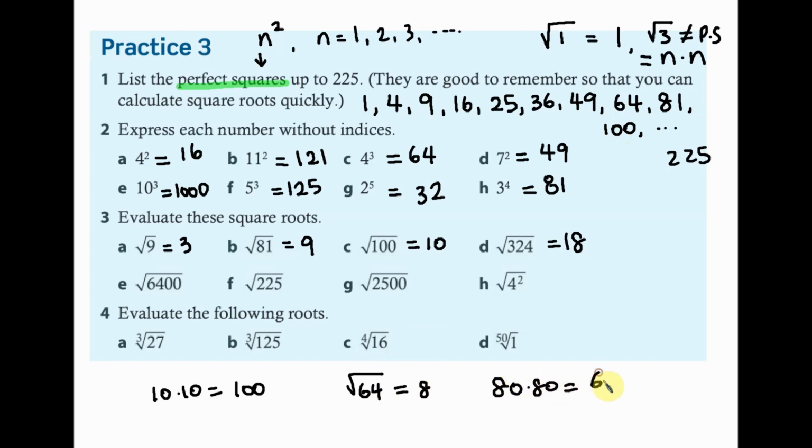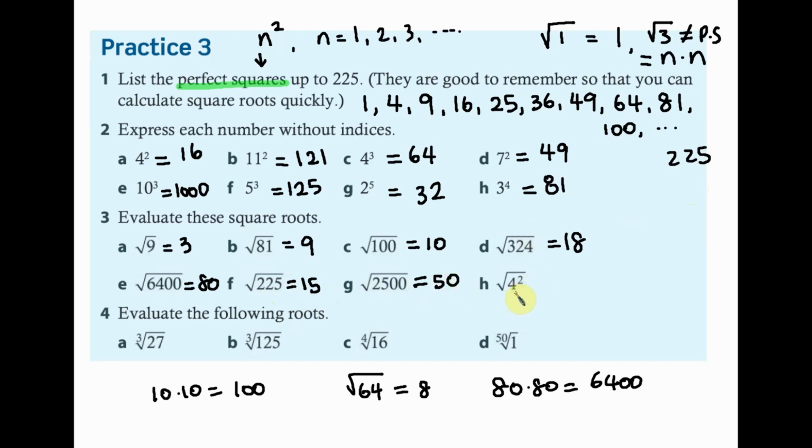Will I get 6,400? The answer is yes, so I know this is 80. The square root of 225, we just did in number 1. This was 15. And for the same reason, you can do the square root of 2500. That should equal 50.